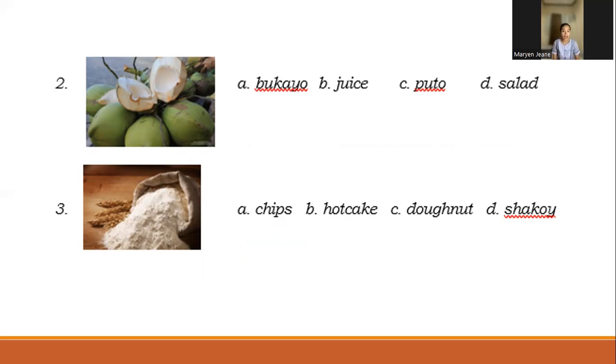A, bukayo. B, juice. C, puto. D, salad. For number 3, which does not belong to the group according to the picture: A, chips. B, hot cake. C, donut. D, shakoy. For number 3, the picture shows flour.